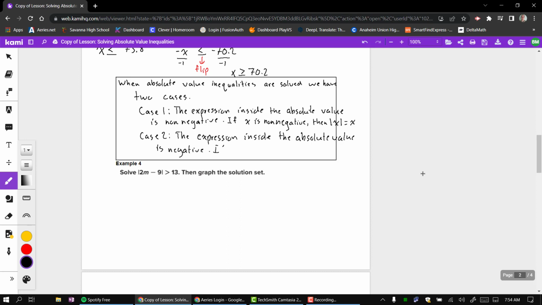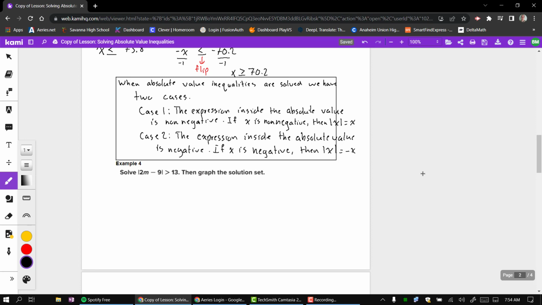So if x is negative, then the absolute value of x equals negative x.